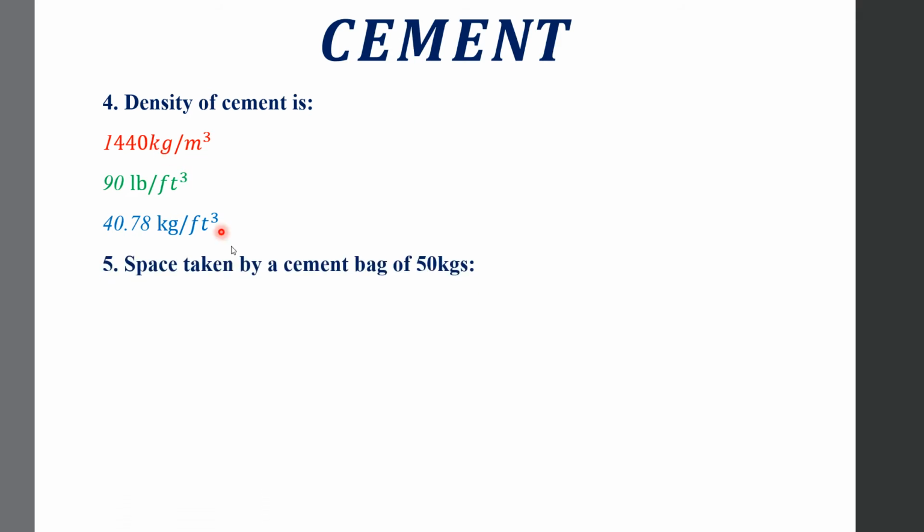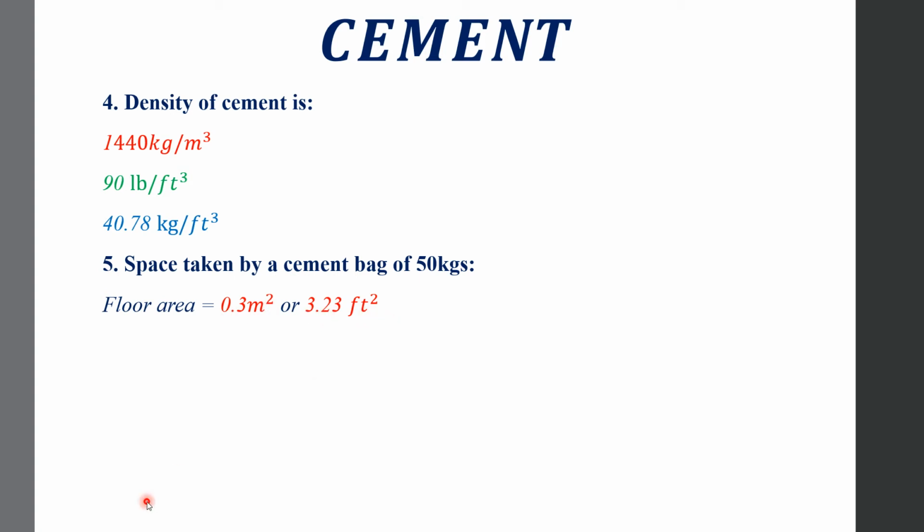The fifth property is the space or area or height covered by a cement bag whose weight is 50 kgs. The space taken by a cement bag of 50 kgs is that it covers a floor area of 0.3 meter square or 3.23 feet square.